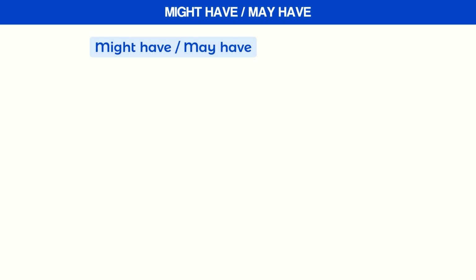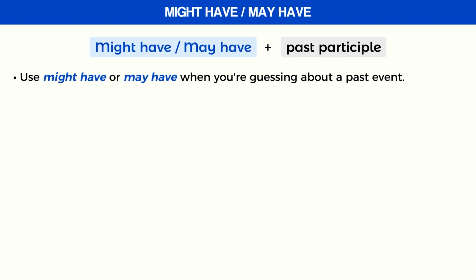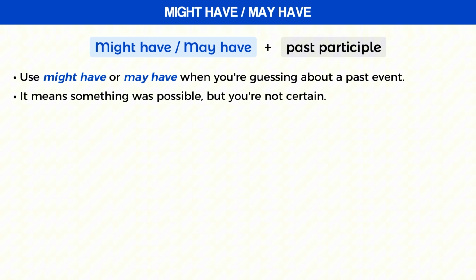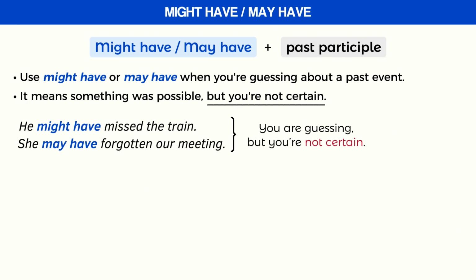Might have or may have plus past participle. Not sure what happened? Use might have or may have when you're guessing about a past event. It means something was possible, but you're not certain. Examples. He might have missed the train. She may have forgotten our meeting. You are guessing, but you're not certain.